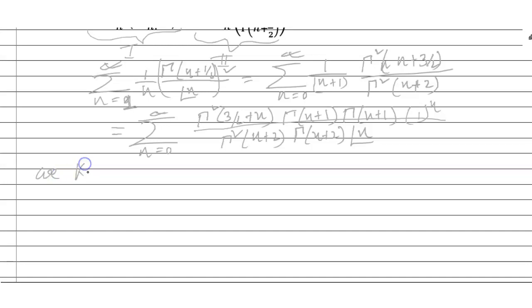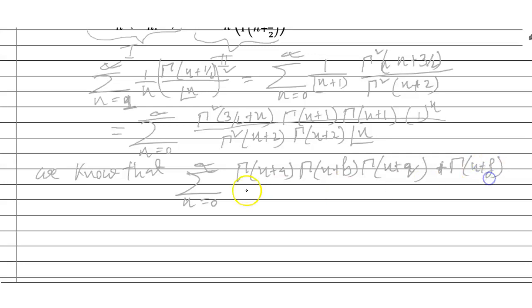We know that summation n equals 0 to infinity, gamma n plus a, gamma n plus b, gamma n plus q, gamma n plus f, divided by gamma n plus c, gamma n plus d and gamma n plus e.